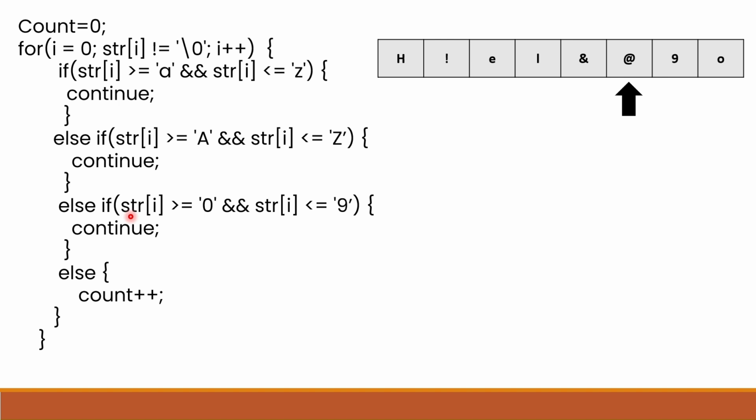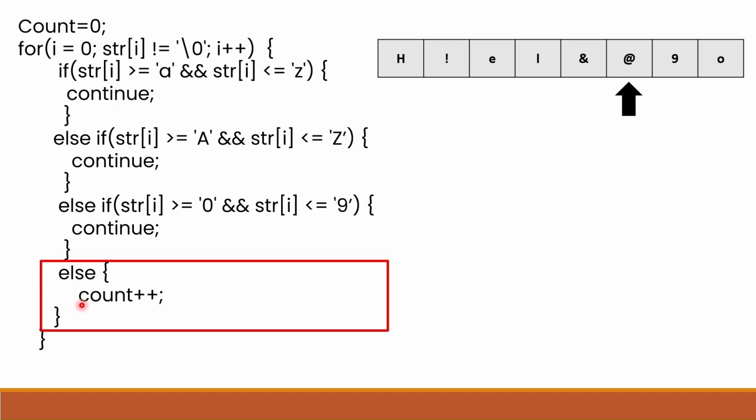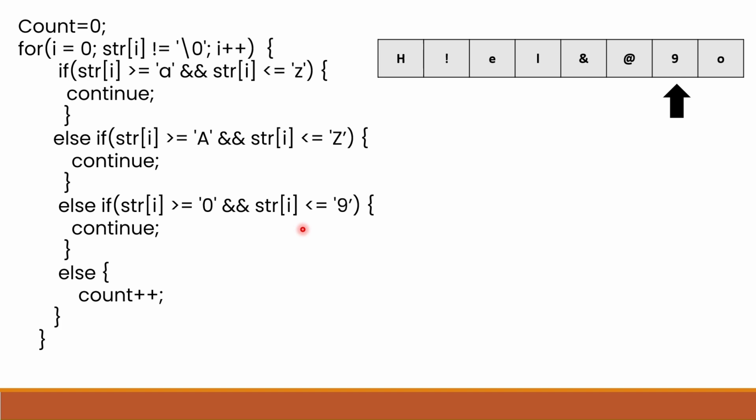No, at is not a digit. So this else if loop is also not satisfied. So we have to go to the else loop and we have to increment the count. The previous value of count was 2, and now after incrementing the count, you're going to assign the value of 3 to the count. So now let's go to the next iteration where str of i's value is 9 now.